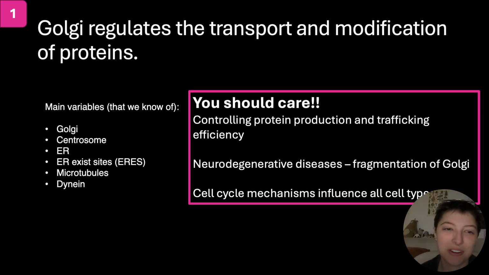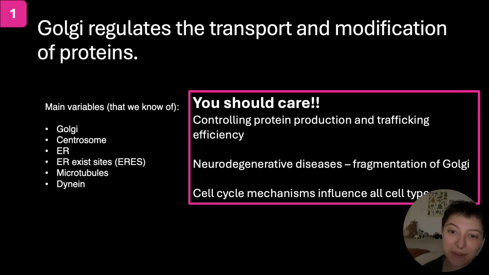So you could come up with any number of diseases or disorders that have dysregulation in protein transport, or, as we'll see hopefully later, the Golgi will change its shape, and without that the cell cannot divide.